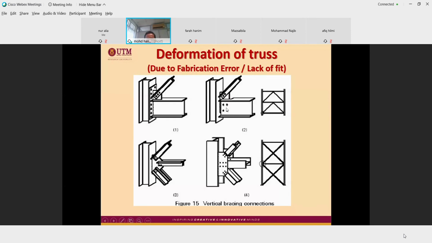You fabricate all this cutting and all these bolt holes on the ground, and then you install on site. During the installation, there might be the problem of error or lack of fit, where you have to force this member into position. In the process of forcing this member into position, this member will be subjected to additional force, which will subsequently cause deflection.